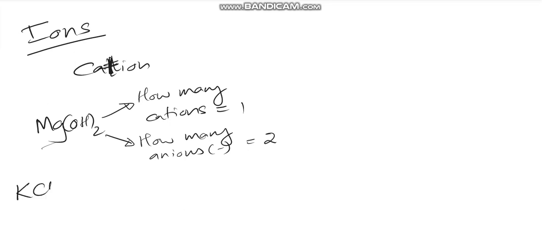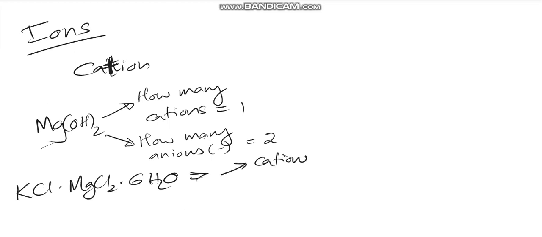Another one, KCl.MgCl2.6H2O. We commonly call it carnallite. So in the cations, we have 1 potassium and 1 magnesium. So 2 cations, potassium and magnesium. What about the anions?